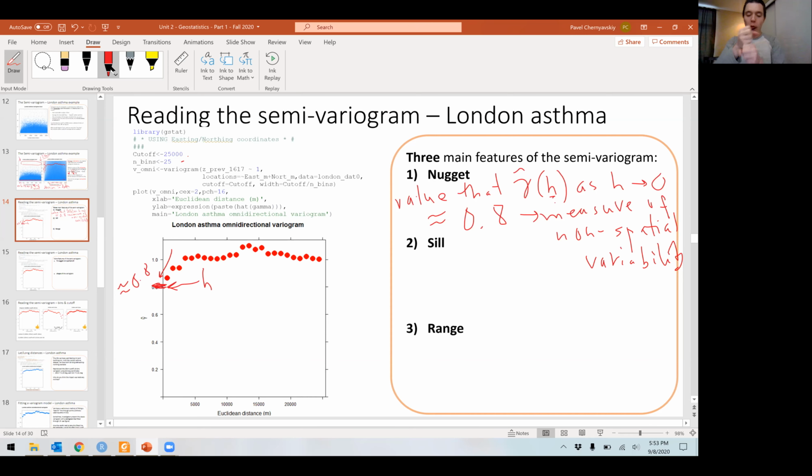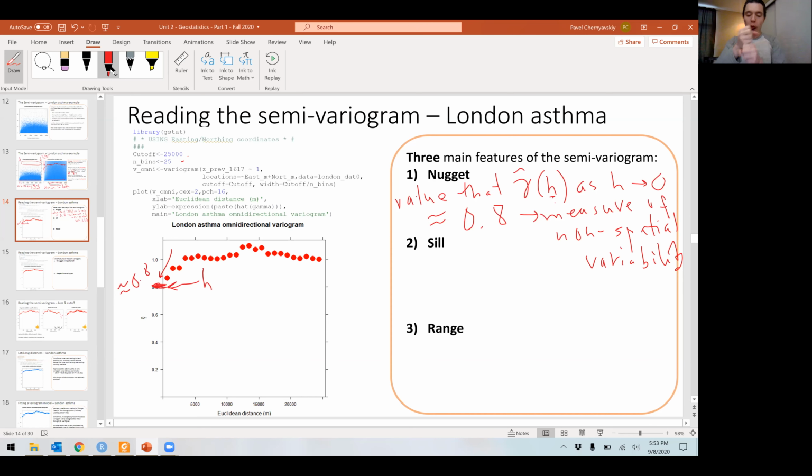There's just random variability around 1, around the sill. What helps us here is that we know we're dealing with a z-score. I'm just showing you that that's really what that variogram is picking out. The dots are picking off that 1, that total variance in the data.